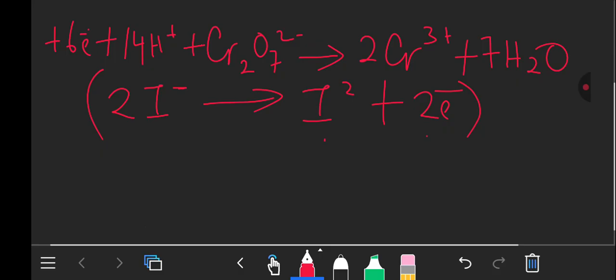Okay, so let's now multiply this one. So the second reaction multiplied by 6, then the first reaction we need to multiply by 2. So this reaction entirely will be multiplied by 2.